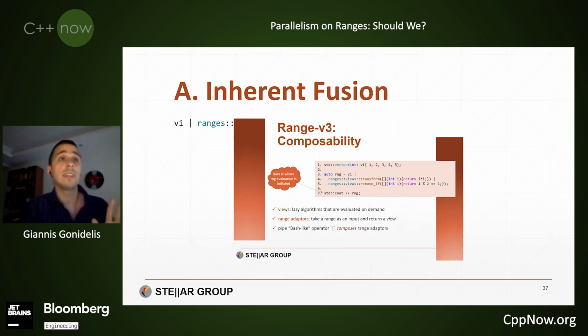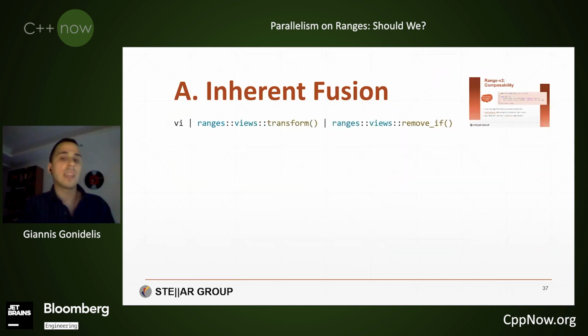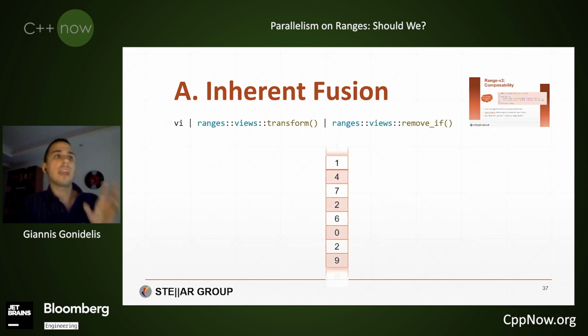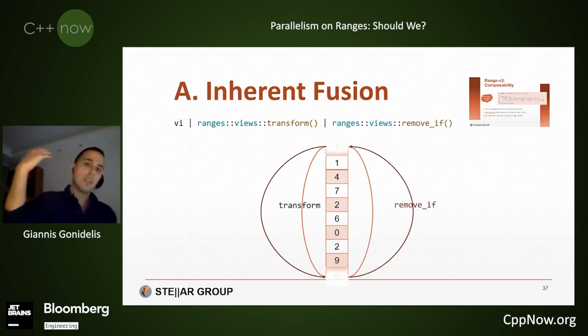But what's greater, and I don't think the C++ community is considering, and that's what I'm evangelizing about, is that range v3 exposes inherent fusion. So when I saw that for the first time, I thought, okay, I get my vector ported to this transform operation. I will wait for the transform to end, and then the remove if will be applied, and then this thing will be ported to my algorithm.